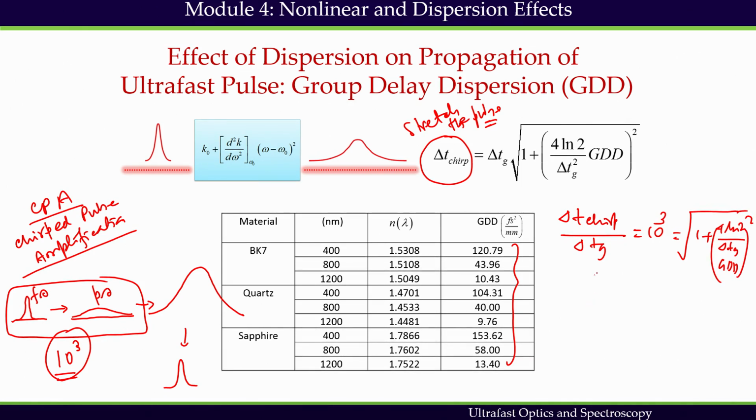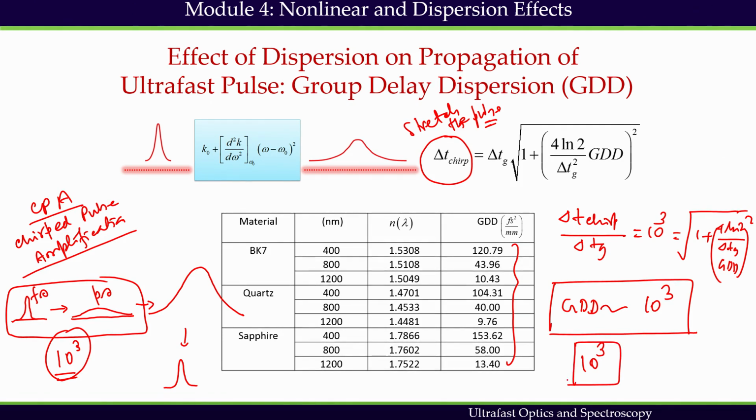So approximately we need this GDD to also be 10 to the power 3 times the pulse duration squared. In order to achieve a 10 to the power 3 factor of stretching due to dispersion, I need an equivalent amount of GDD, and we see that material dispersion does not give such a high GDD.